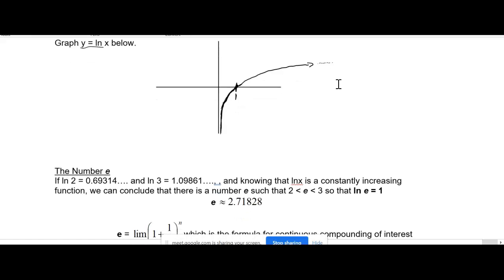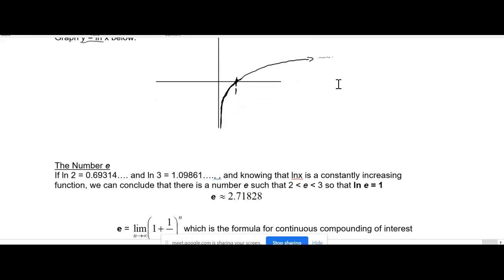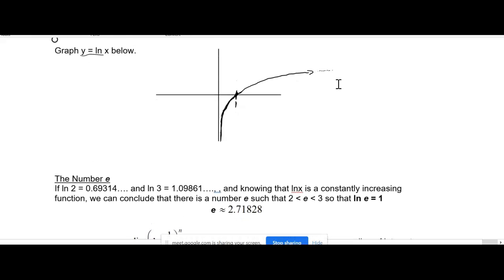All right, the number e. You also would have talked about the number e. So if we look up here again, the natural log of 2, so if I come over here to 2, that has a y value of 0.693. This is telling us if we come over here to the x value of 3, we have a y value of 1.098.